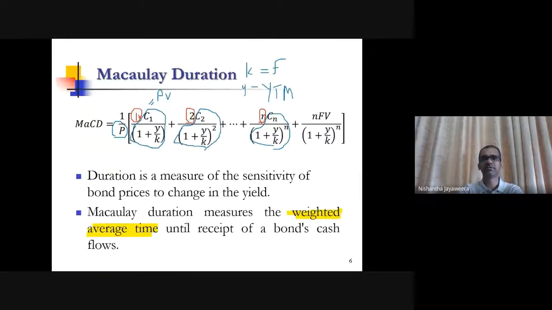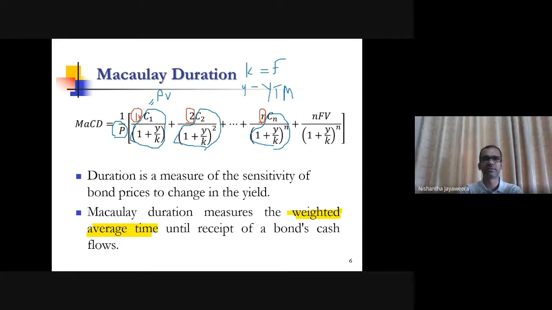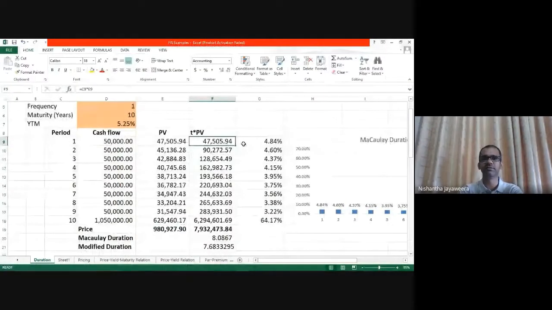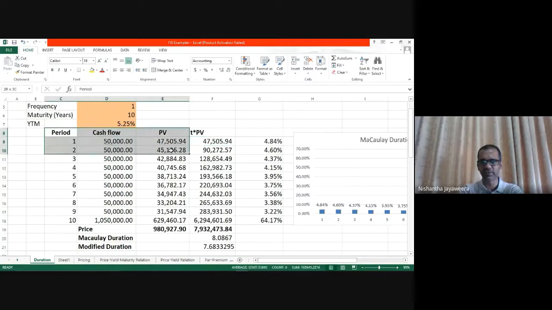Then what do we need? We have the price, we have the present value of each cash flow, but then what we have to do is multiply that present value of the cash flow by the time. Likewise for each. So in this column, I added the new column because when we calculate the price, we had only these 3 columns, you may remember.